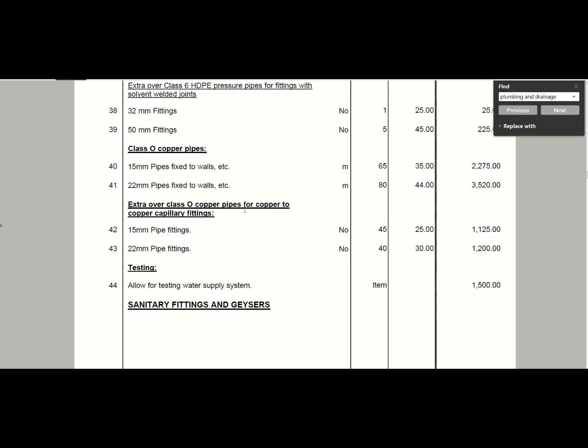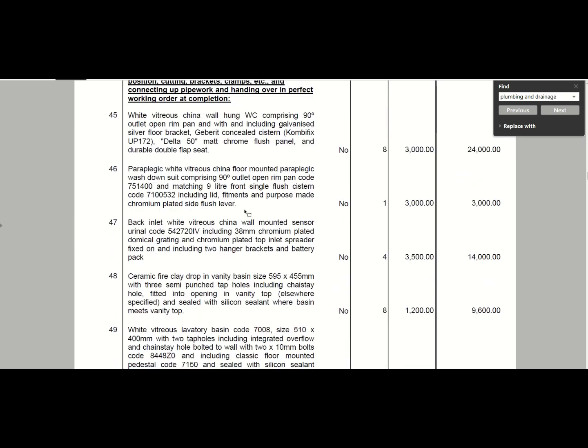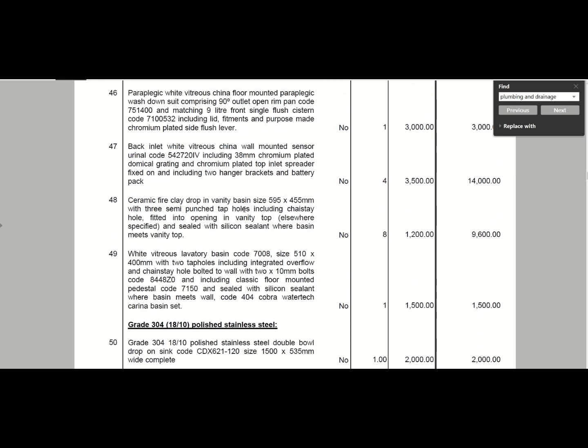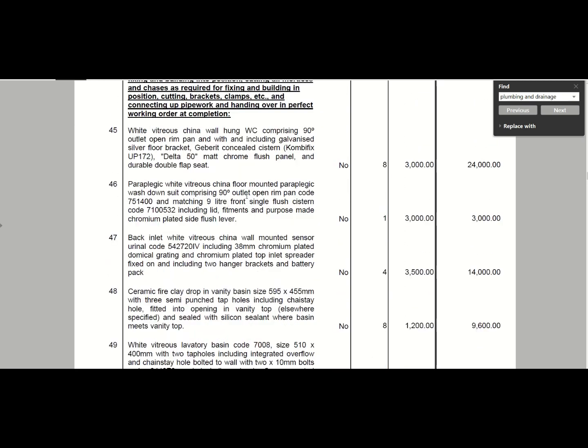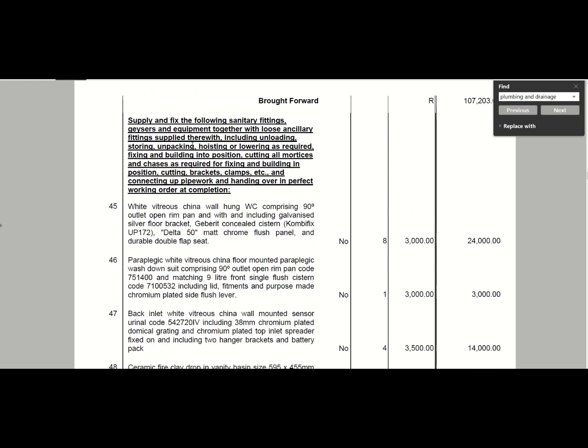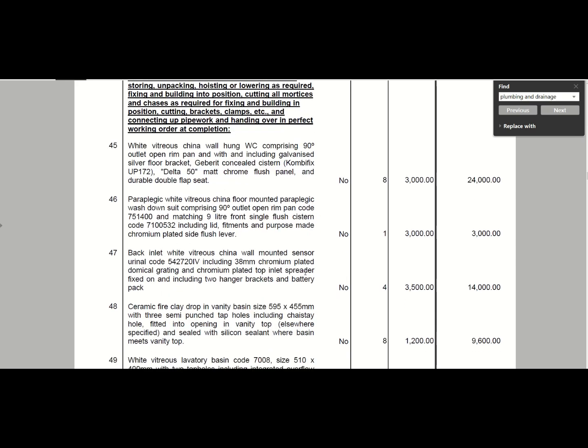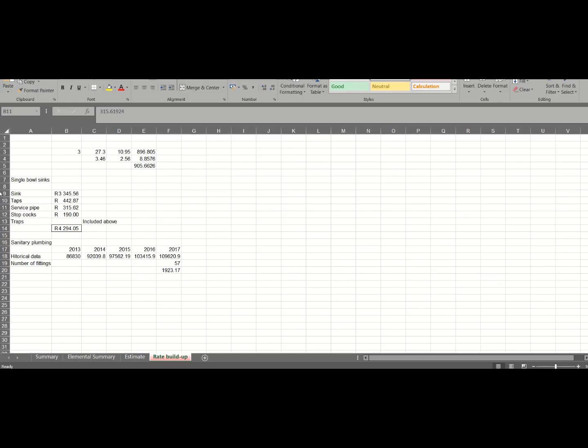Then what you need to do is identify all of your items. Okay, in this instance we've got our sanitary fittings, we've got our China wall hung WCs, paraplegic WC, back inlet white sensors, etc. So what you do is you take all of those components and you do your estimation, and then you do your rate build up in a similar way as all the others.